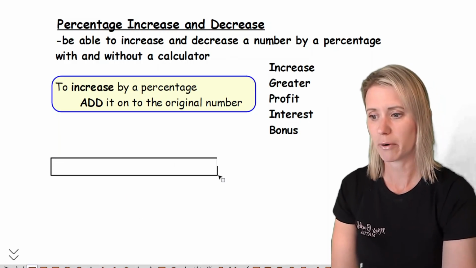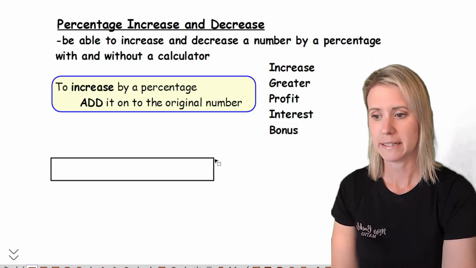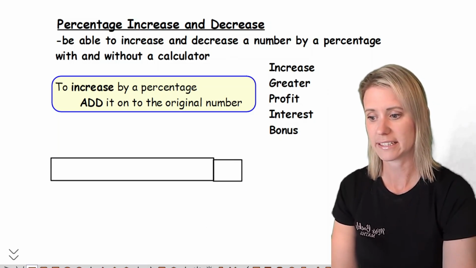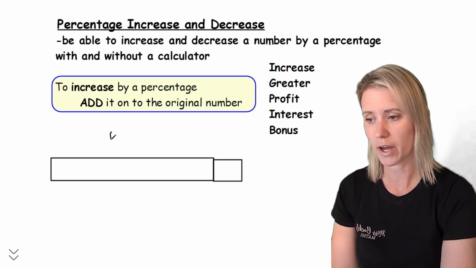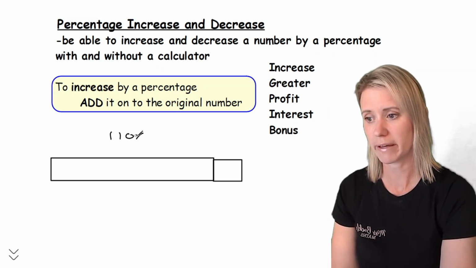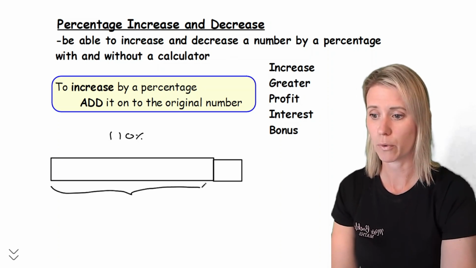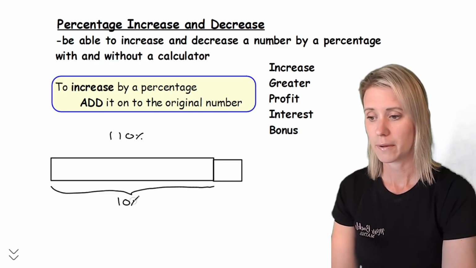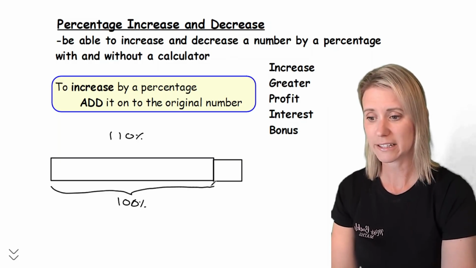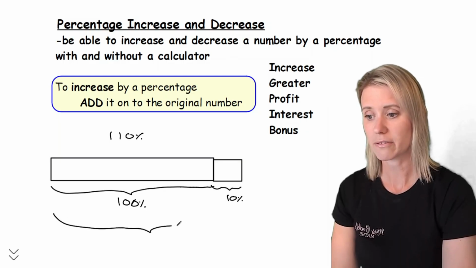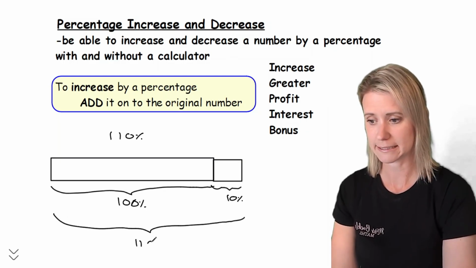If we think of this box as our original number, then if we're adding it on, we're simply putting it on the end. So this might be you want 110% of a number. The original number is 100%, and we're going to be adding on another 10% of that number to in total make that 110%.